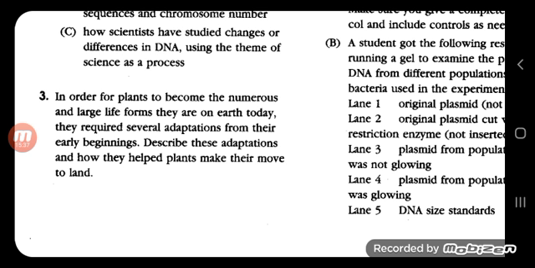PCR is also used, polymerase chain reaction. Of course, we use different temperatures. Why do we use PCR? To amplify smaller fragments of DNA. If it's too small, we cannot work with DNA, so we have to amplify DNA, and then we use restriction enzyme.